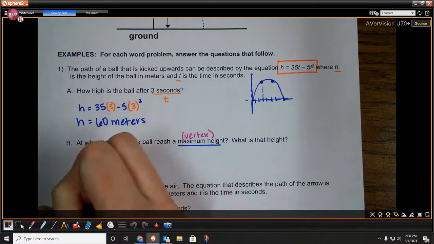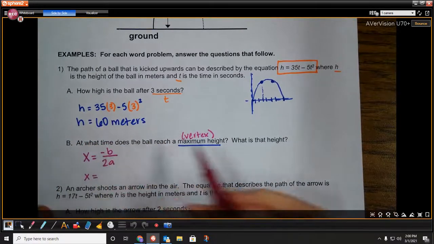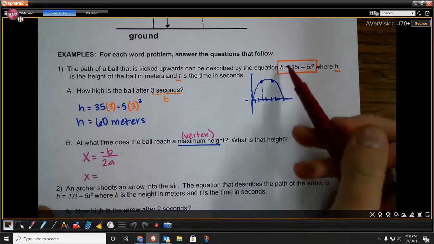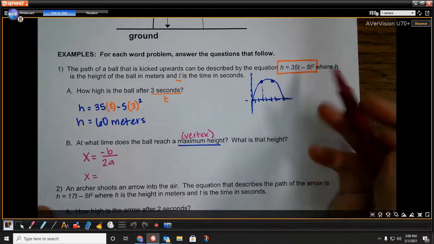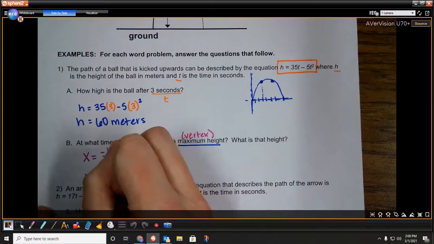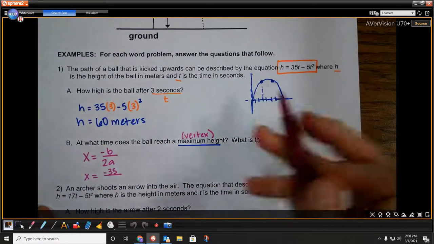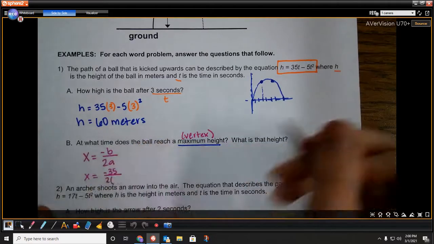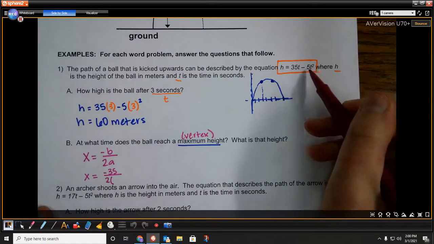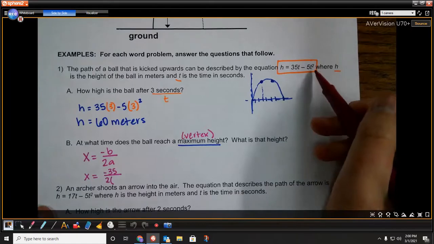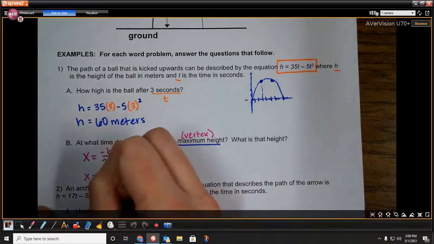So my x value would be equal to negative b. Well, remember, the b is the coefficient to our x term. So that would be negative 35, okay? And then times 2 times a. Well, a is the coefficient to our x squared term, or in this case, our t squared. So that'd be 2 times negative 5.